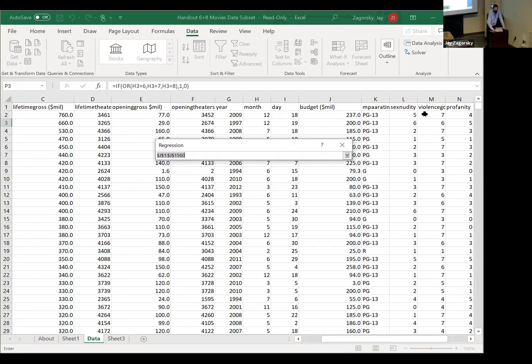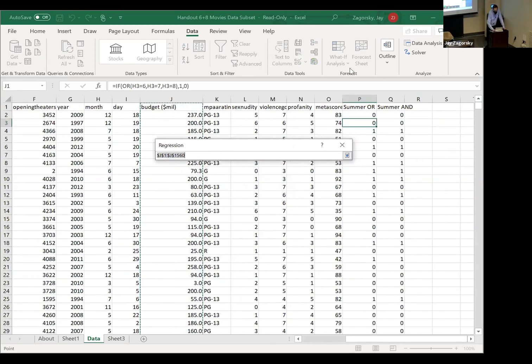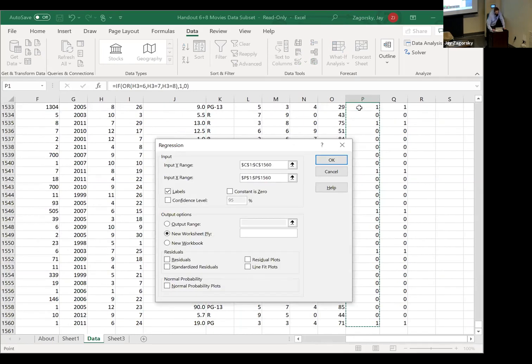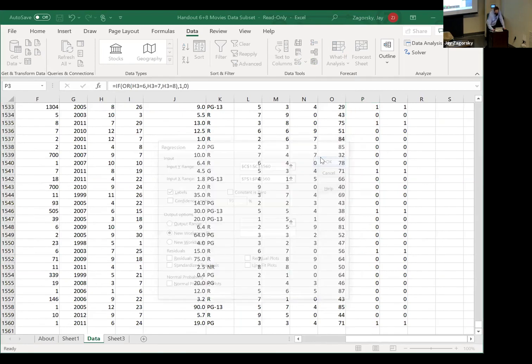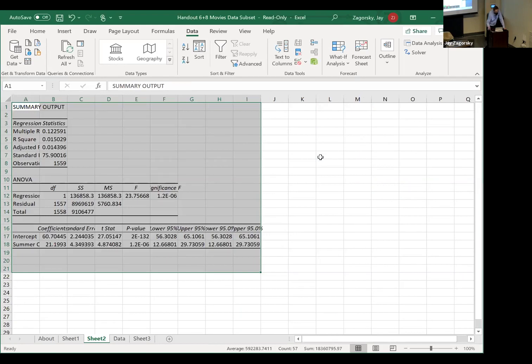We have to just change the X range, and the X range is column P, P1 down to P1560. I click OK, and I get an intercept of 60.7 and a coefficient on summer of 21.2.